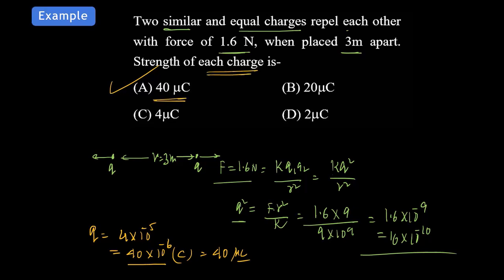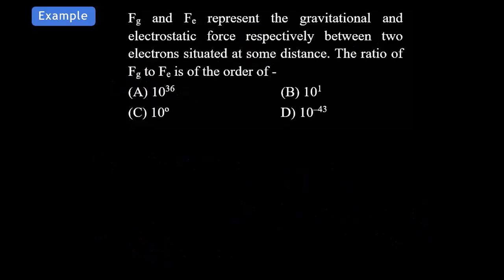Okay. So K is basically Coulomb's constant, and that Coulomb's constant is found by experiment. Now similar to the Coulombic force, the electrostatic force Fe, there is another force, the gravitational force. Fg represents the gravitational force, Fe represents the electrostatic force between two electrons situated at some distance.